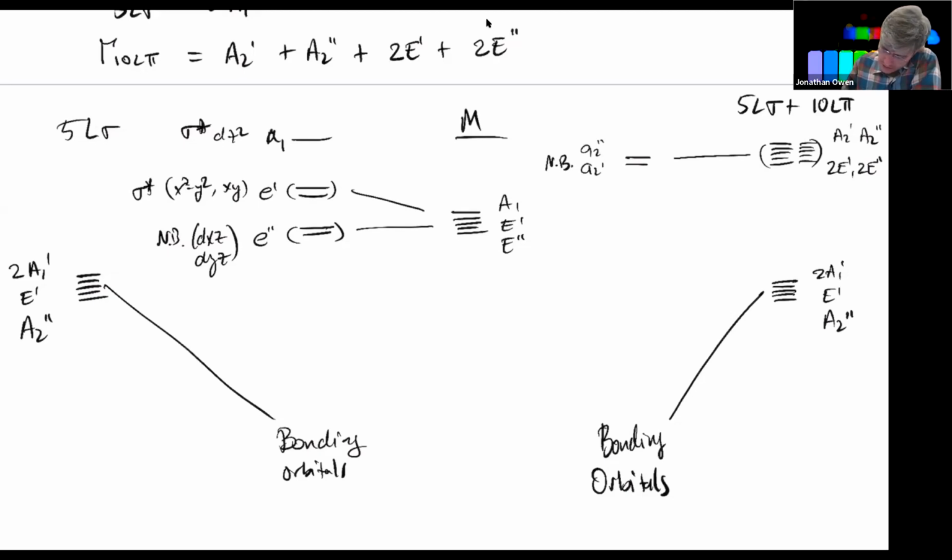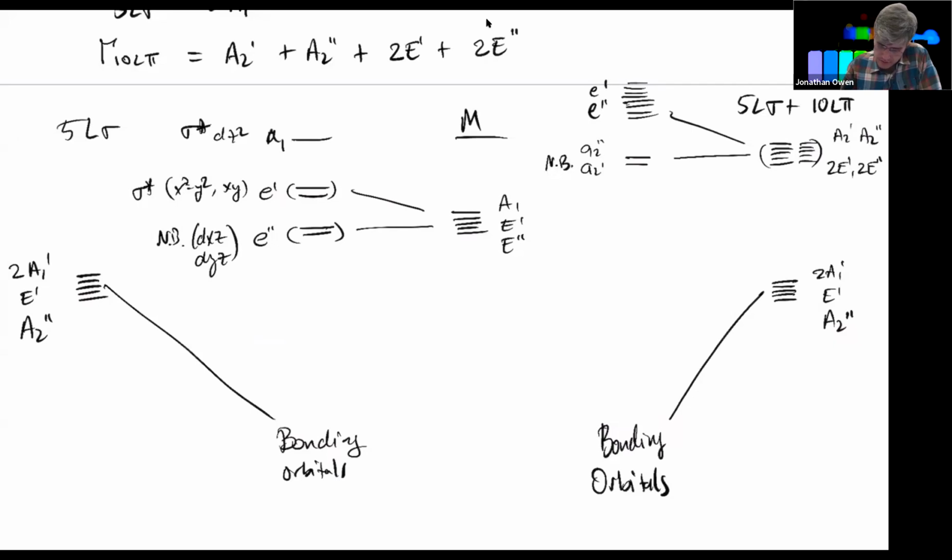And so these guys are going to go up. And really I should split them, but I'm just going to worry about the d orbitals here.